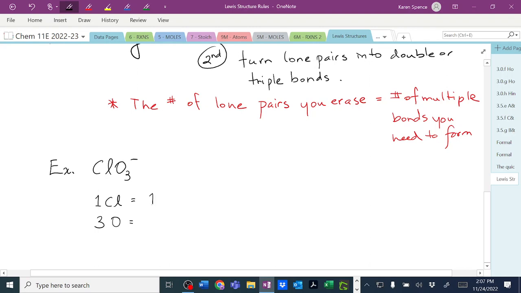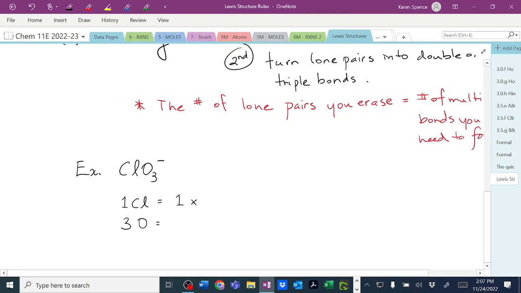So that's 1 times. How many valence electrons does chlorine have, and how do you know? It's in group 17. Therefore, it has 7 valence electrons. Hopefully, that seems like second nature to you by now.